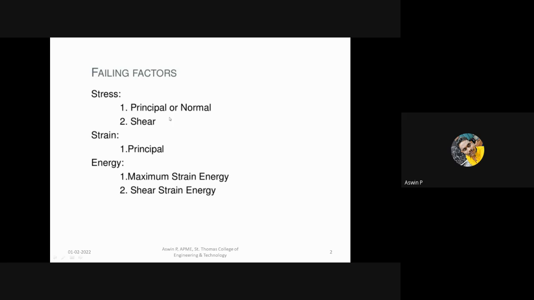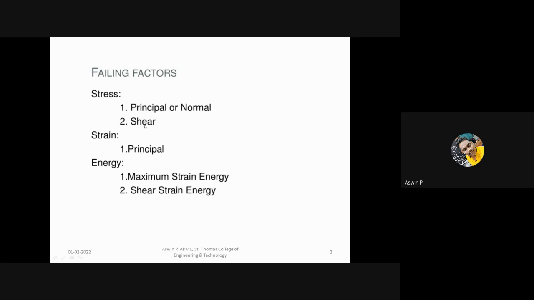When applying tension or compression, normally the stress will be principal stress, and shear stress will act in the tangential direction to the principal stresses. As well, when you are studying ductile materials and brittle materials, all come with these parameters, that is principal stress and shear stress.